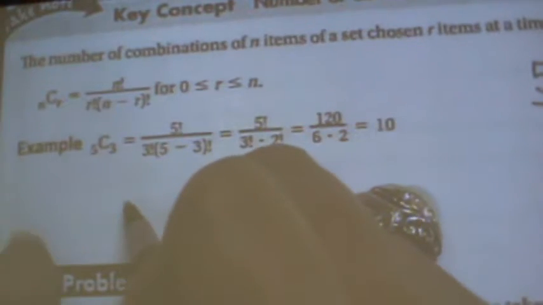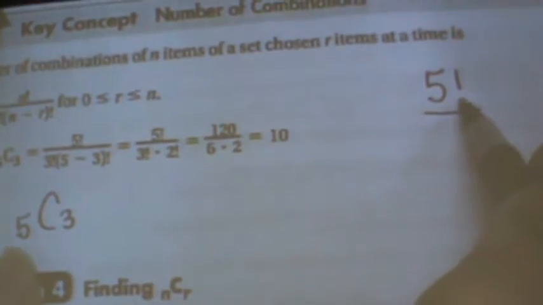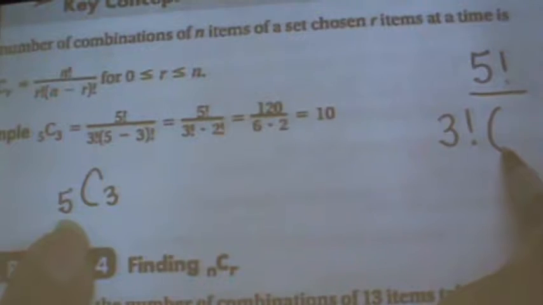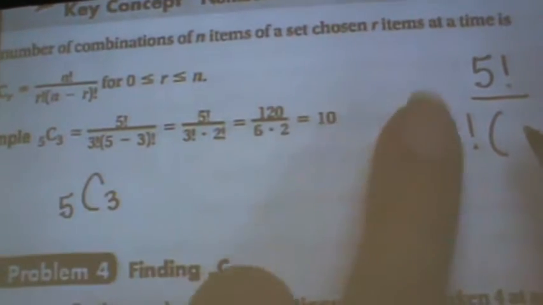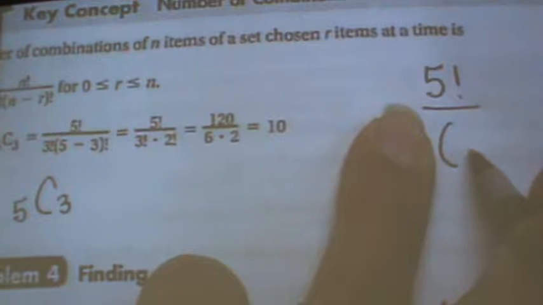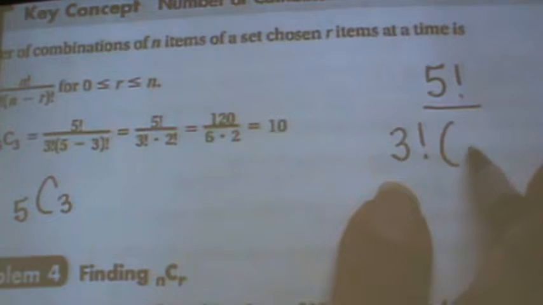So for 5C3, you do n factorial, so 5 factorial, over your R value, you've taken 3 at a time, so 3 factorial, times the difference. In other words, this part looks just like a permutation. But on the bottom, you're going to multiply by the R factorial again, so 5 minus 3 factorial.